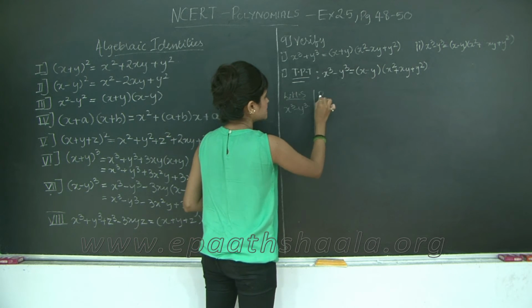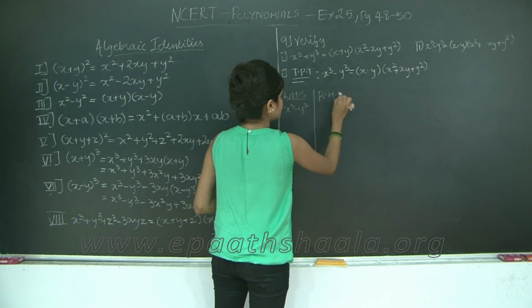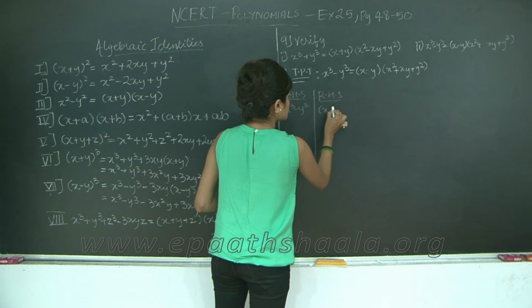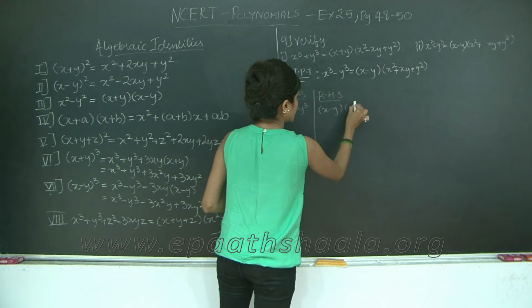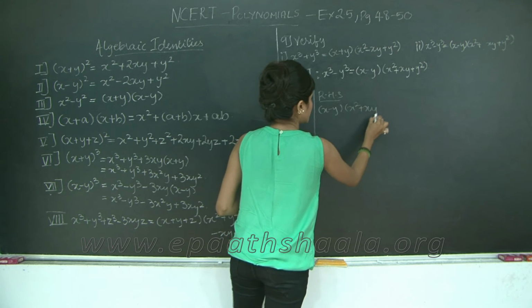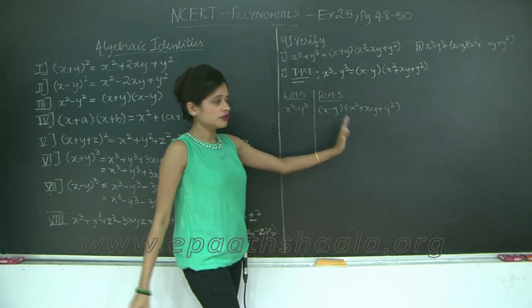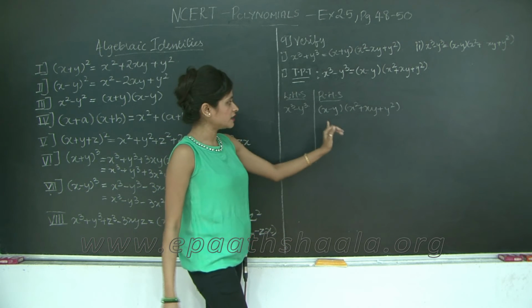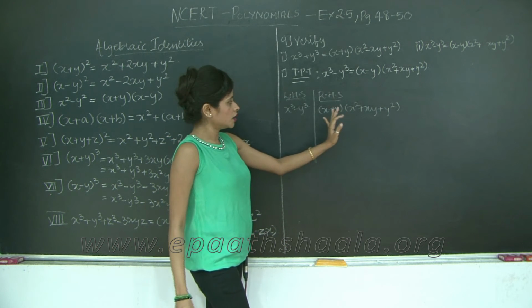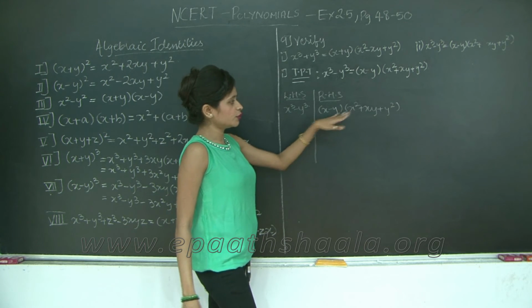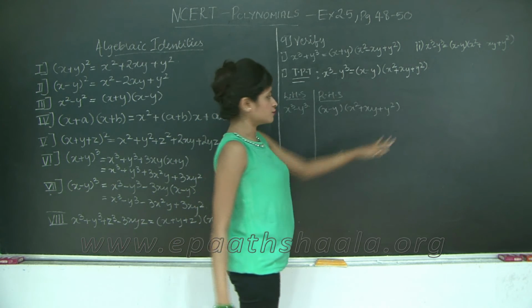Then I take my right hand side. My right hand side is x minus y into x square plus xy plus y square. Right? Now I can solve this by opening the brackets. So I am going to multiply the terms of bracket 1 individually with the terms of bracket 2, right?